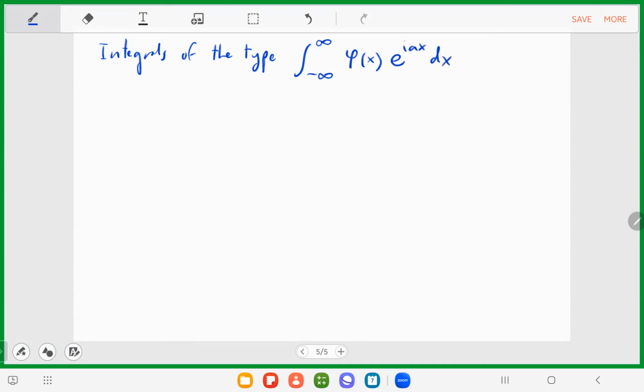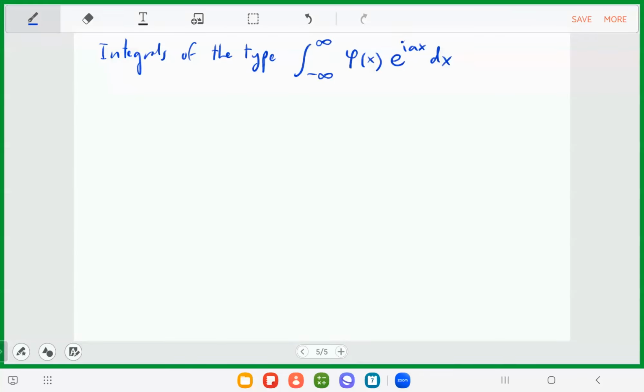Okay, this looks a bit different because now, of course, this is a real number, but there is an imaginary unit here, i. That means the result of this integral is not real.